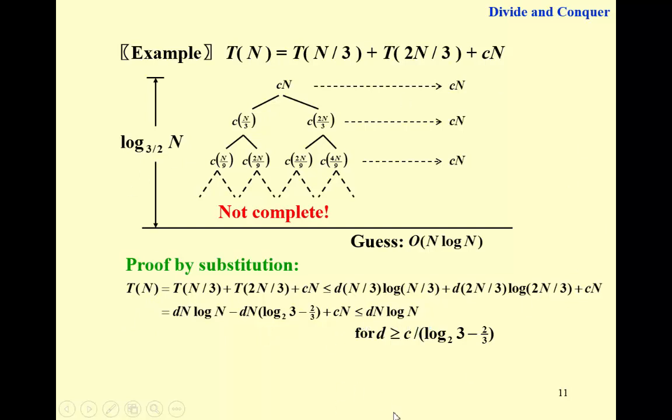And that completes the proof. So the point of having this recursion tree method is that sometimes it can help us to obtain a pretty good upper bound. Or sometimes if it's too complicated to obtain the exact answer, at least we can make a pretty good guess. And then we can prove that guess by substitution.